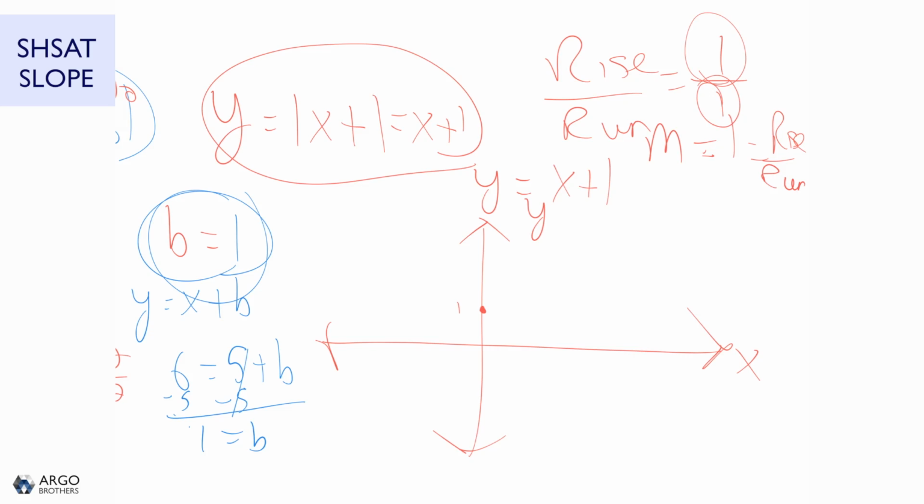And we keep on using that rule. So up 1 and then to the right 1, and that's our new point. Up 1 and to the right 1, that's our new point. And we can go down to continue the line. Down 1 and to the left 1.